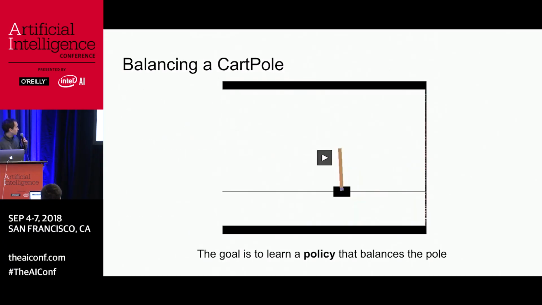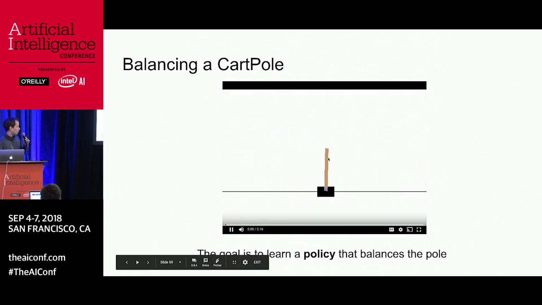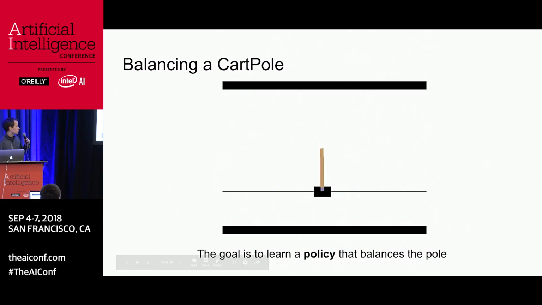And then the action space would be, you can either do +1 in order to go to the right, or -1 to go to the left. And the reward would be for each time step, you get 1 if the position and angle of the cart and the stick are within some bound. So for example, if the stick is still basically upright within some accuracy, and you get 0 if they're not.